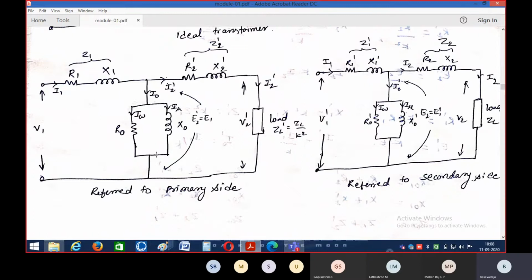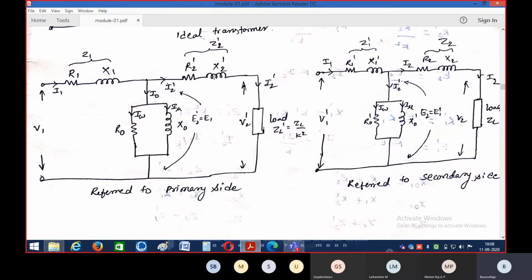So in this case, which is referred to the primary side, we will have this circuit diagram, and this one is referred to the secondary side, right? In order to represent the equivalent circuit with respect to the primary side, whatever primary circuit elements we have, I'm keeping the same, and the secondary circuit elements I'm shifting onto the primary side, so that we get all the elements on the primary side.